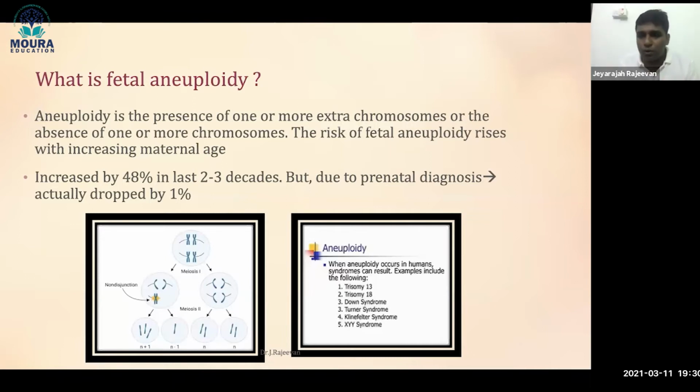So maybe in 1 or 2 years it might be legalized. If it is legalized, then of course you should know, because we are going to do it in a routine manner, right?